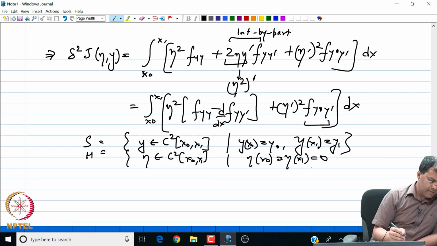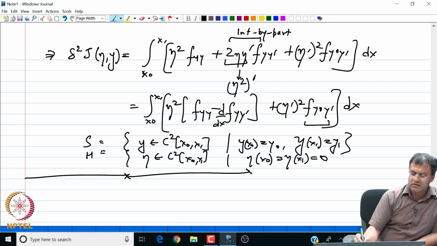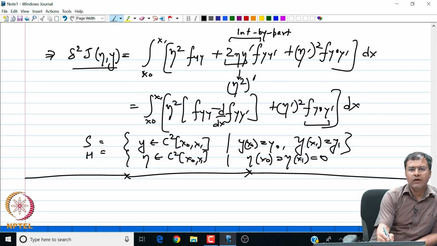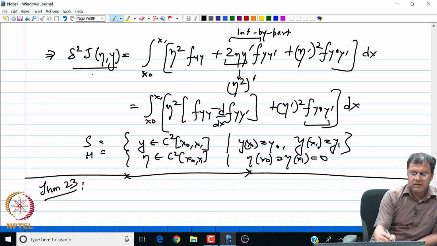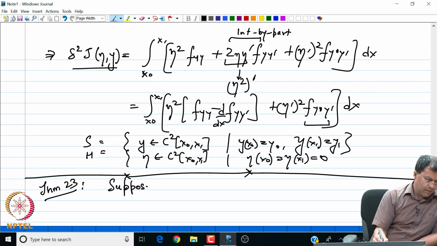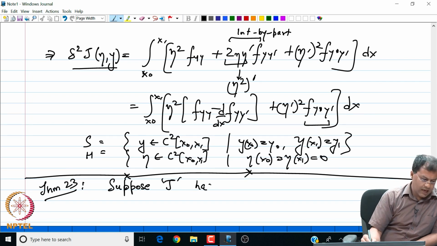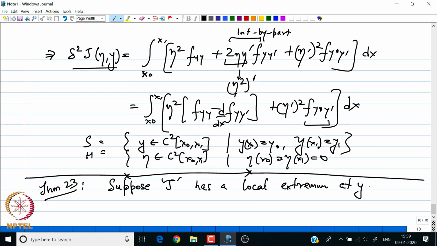Now I need to connect the sign of the second variation with the location of the maxima or the minima. This next result, Theorem 23, exactly does that. It tells me whether del square J greater than 0 gives me a maximum or minimum and vice versa. The result says the following: suppose J has a local extremum at y which belongs to the set S described above.